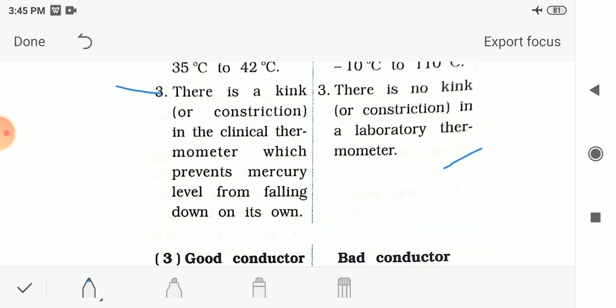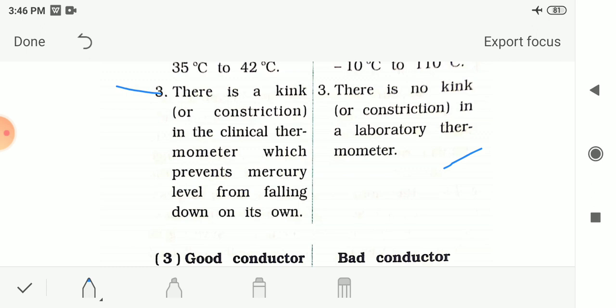First is uses: the clinical thermometer is used to measure the temperature of the human body, while the laboratory thermometer is used in the laboratories to measure the temperature of any object. The other difference is its ranges. The clinical thermometer has the range from 35 degrees Celsius to 42 degrees Celsius, and the laboratory thermometer has the range from minus 10 degrees Celsius to 110 degrees Celsius.